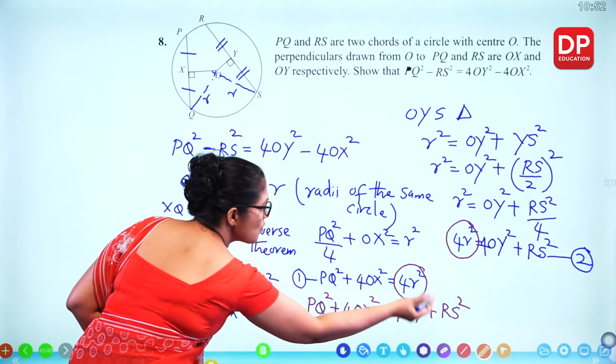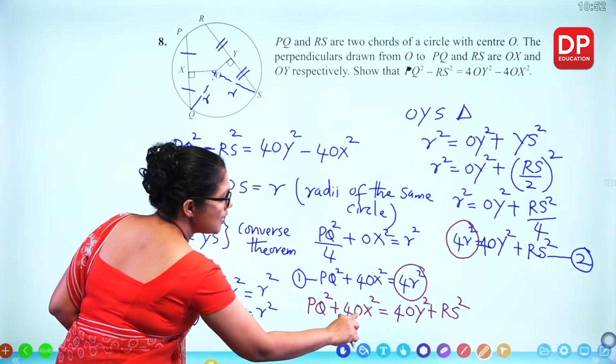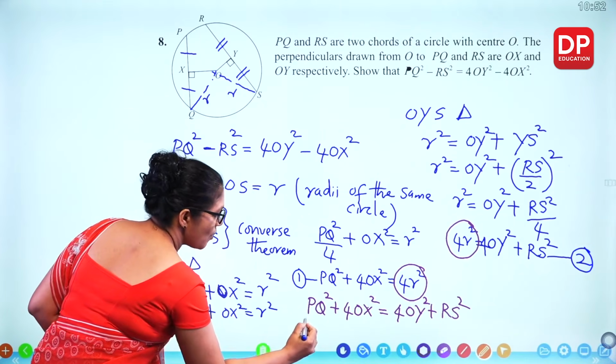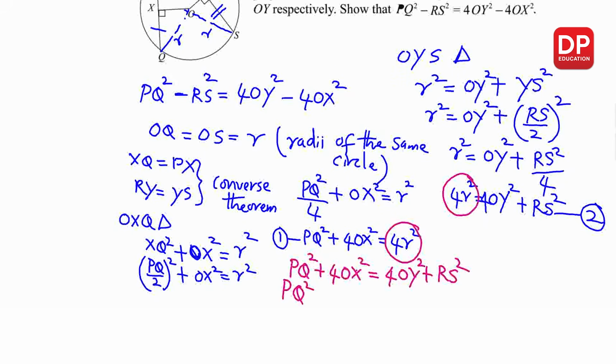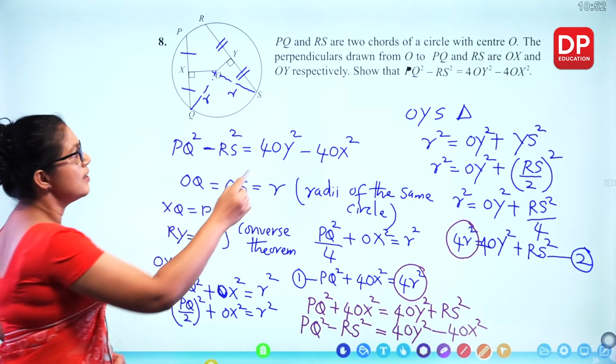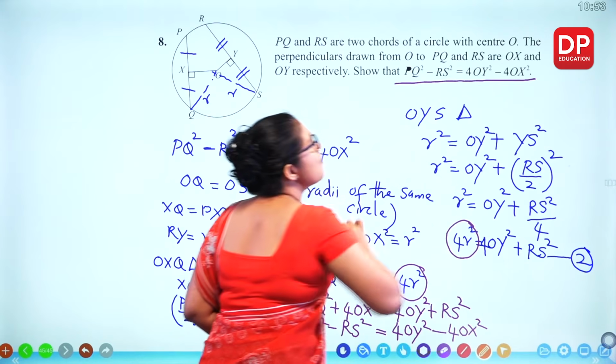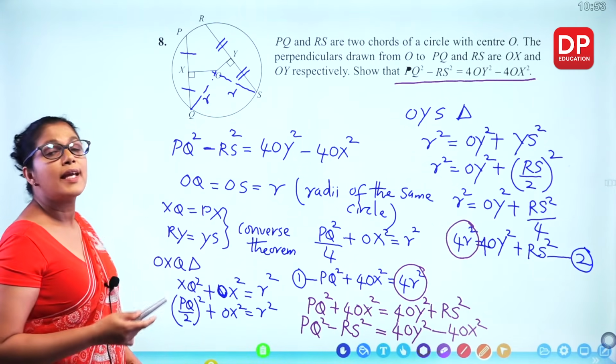So when I take this one to this side, and we'll move this one to the right hand side, I can write down PQ squared minus RS squared is equal to this one as it is, and I'm moving 4OX squared to the other side, minus 4OX squared. Now see, we got the same thing. So that's how we can prove this.